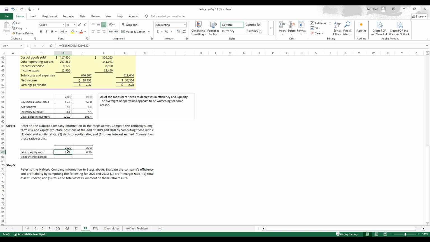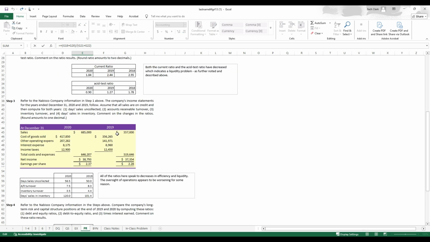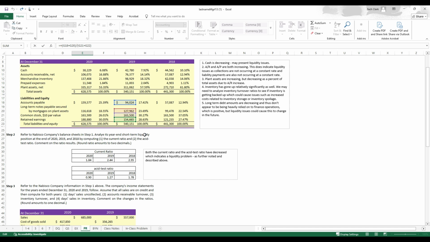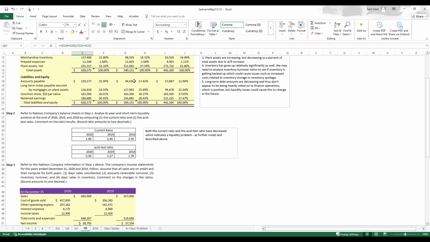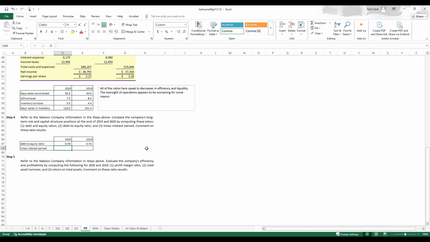So debt to equity, debt is increasing as a percentage of equity, so that's not really all that great. And make sure I've got all the formulas, we've got 221, 896, yeah, and then the totals there. This would be easier if we had subtotals in this. It's a little bit annoying to have to do it that way, but that's okay.